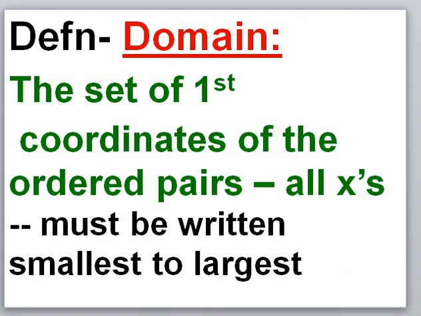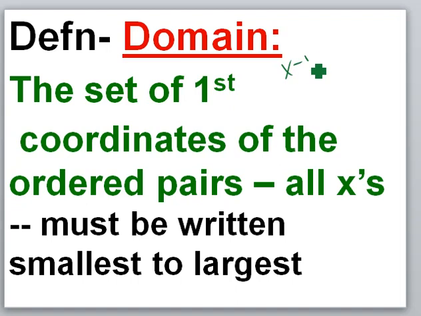The next definition I want you to write down is for a domain. The domain is the set of x coordinates. Okay, and when we write the domain, we're going to write those from smallest to largest, so please take note of that. So when you hear the word domain, you know that we're talking about the x values.